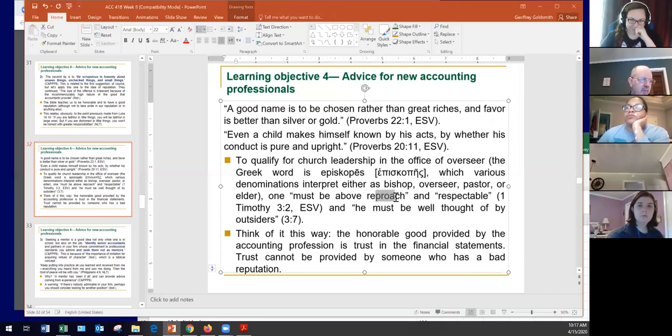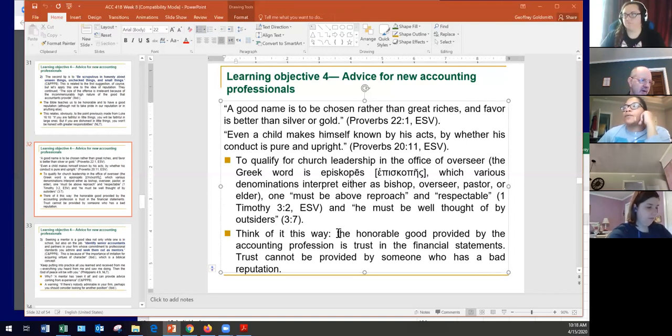Above reproach means that the person is above any kind of criticism because there's nothing you can criticize in the person. And respectable, and he must be well thought of by outsiders. And isn't that kind of the way you want people to think about you on the job?